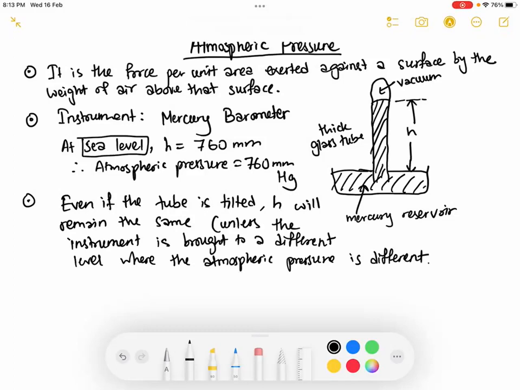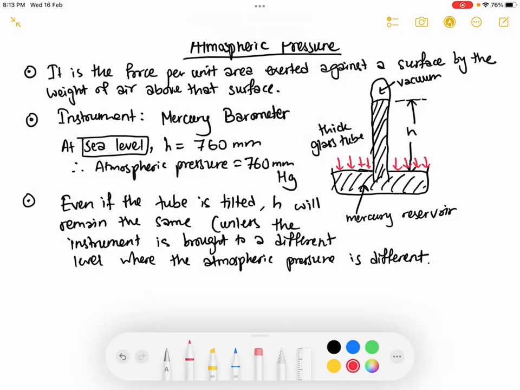Now, if you want to know why we correspond this h to the atmospheric pressure, because obviously, as you can imagine, the air is exerting a pressure on this tray of mercury.